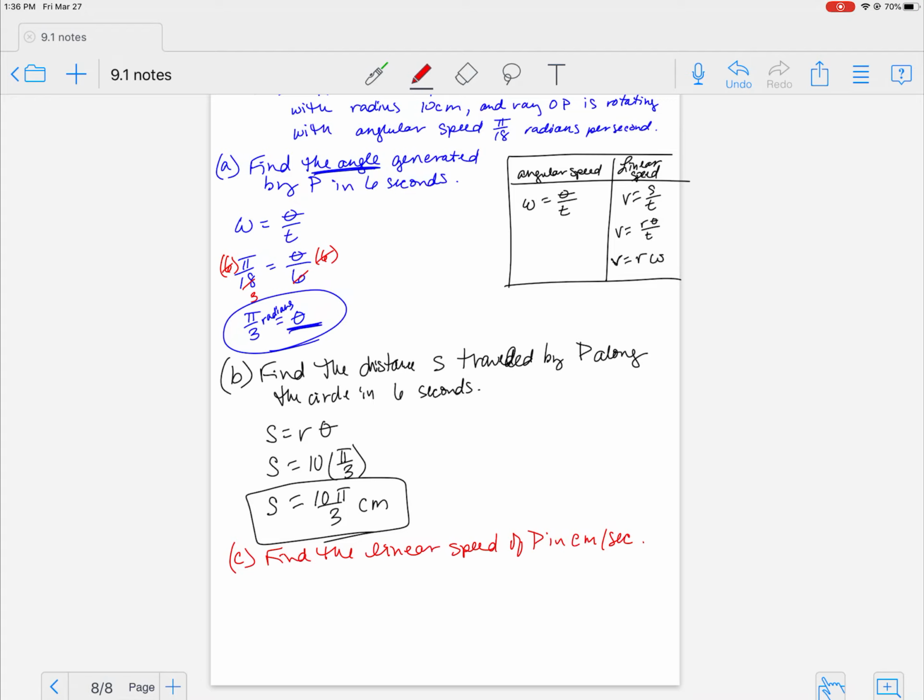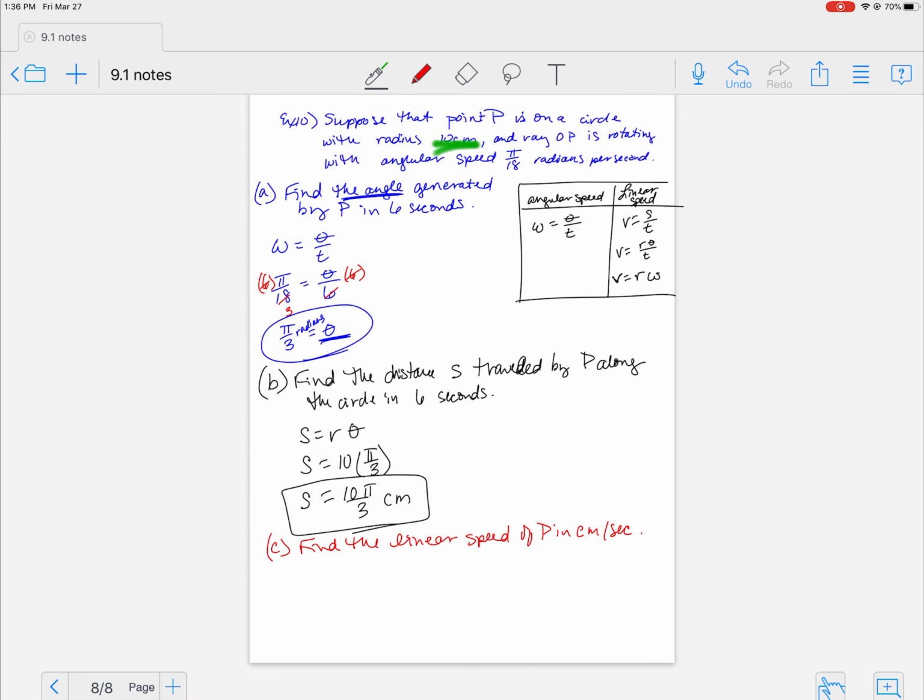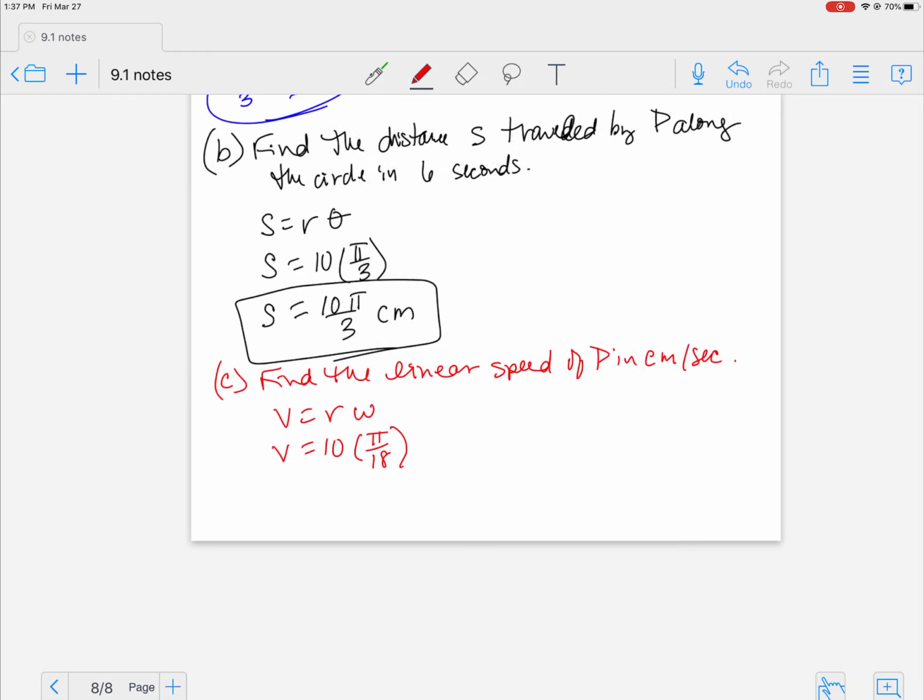Now think about everything we have. We know that with linear speed, we already have a radius and an angular speed. So you can definitely easily come up with your linear speed from the information that you're given.